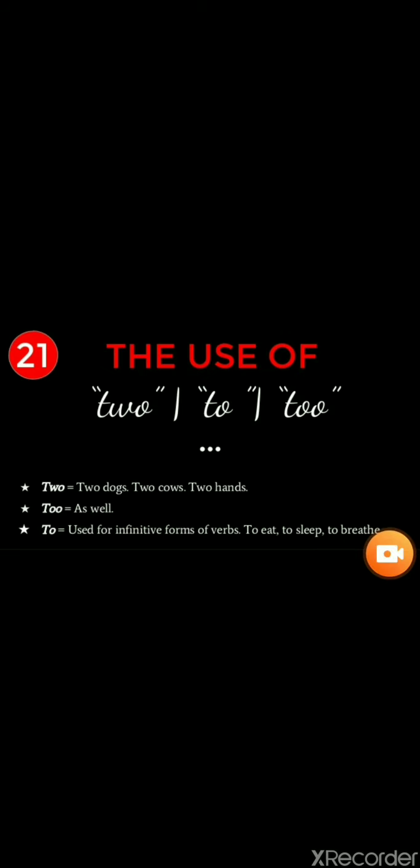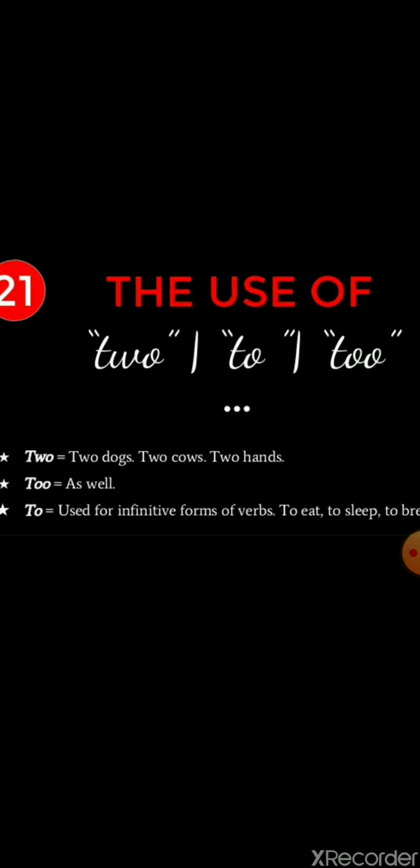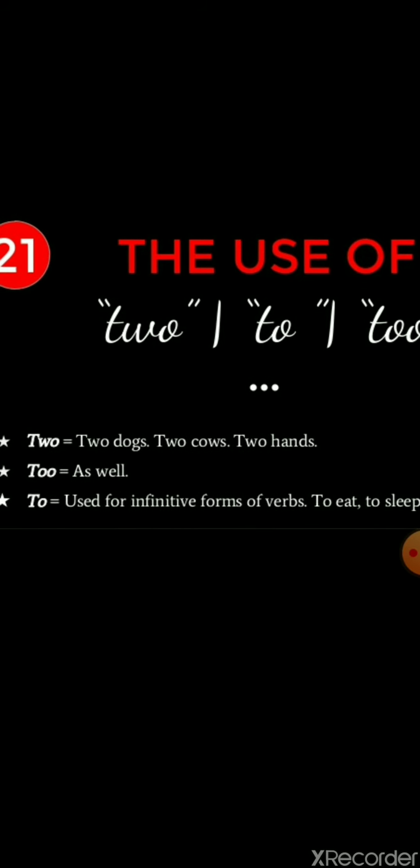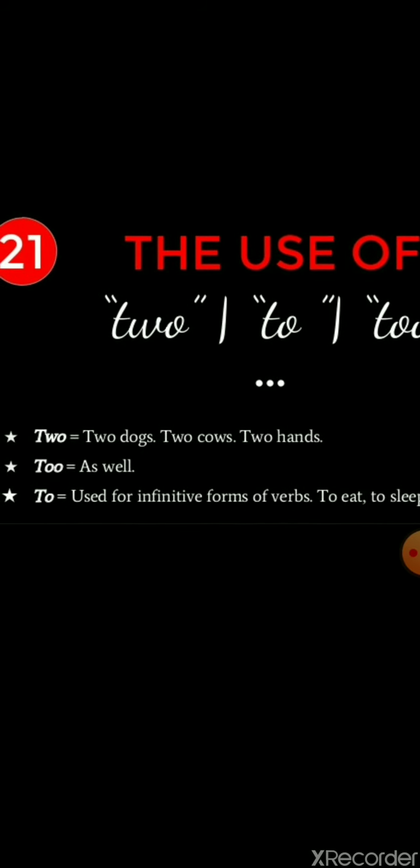Again, I will clear your confusion with two. We have three versions of two: TWO, TO, TOO. So TWO: two dogs, two cows, two hands, two arms, two legs. TOO as well means we are adding something.